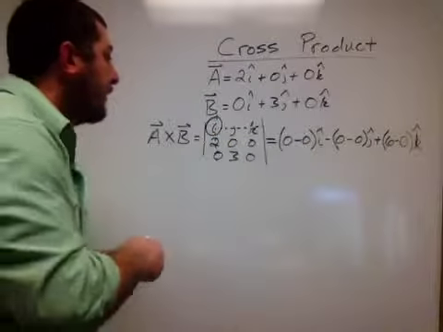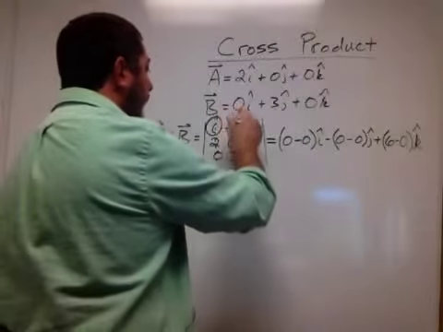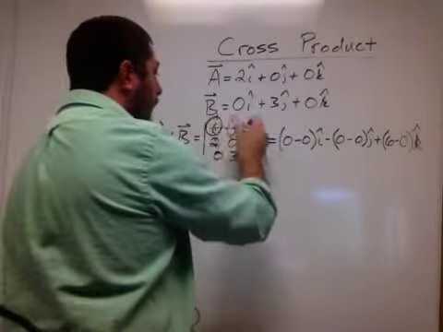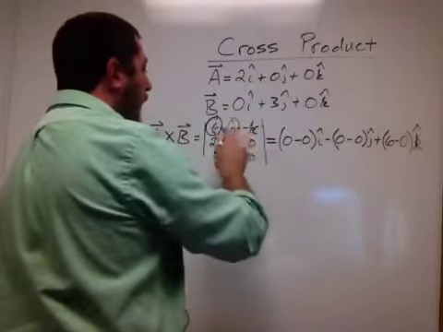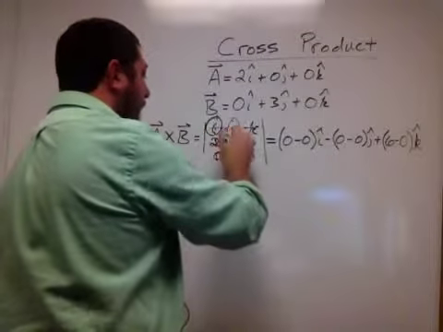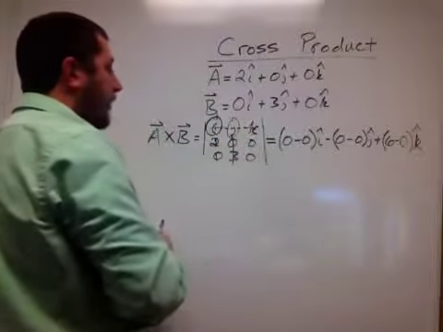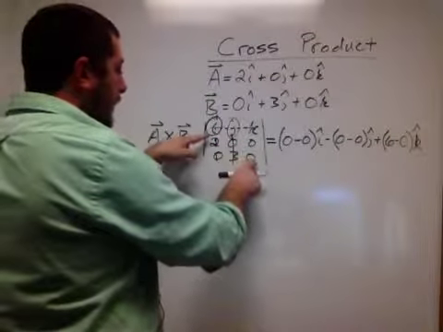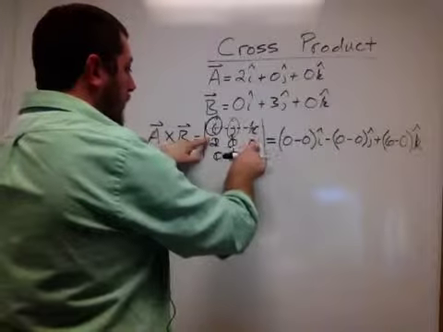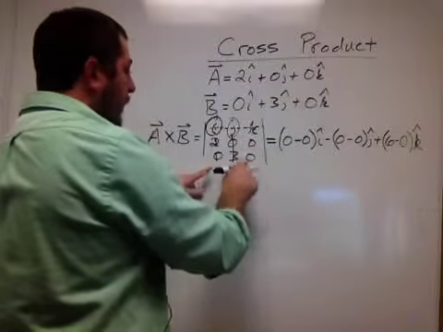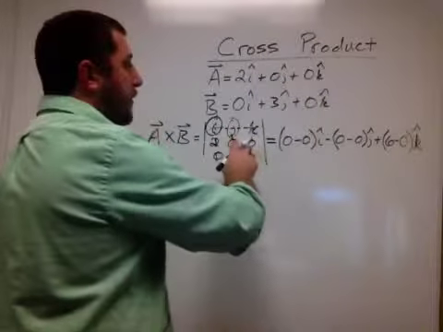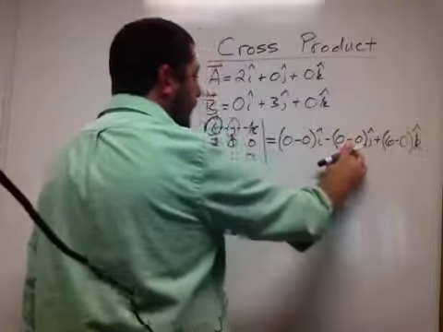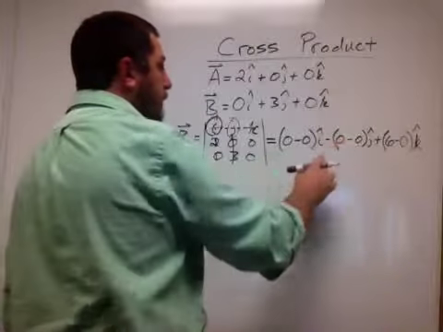Then if I do the same thing for j, I'm going to ignore i and k, and this time I'm not going to ignore 2 and 0, I'm going to ignore 0 and 3. So I'm going to take the determinant of this matrix, 2, 0, 0, 0, where 2 times 0 is 0, and 0 times 0 is 0, so the difference between those two products is also 0.